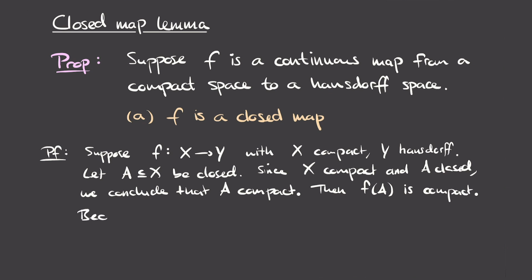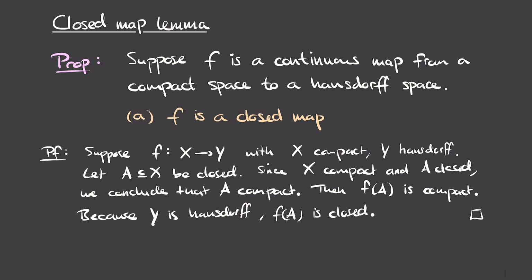Hence, because Y is Hausdorff, we can conclude from the fact that f of A is compact that it must also be closed. Okay, and with this we're done because we've chosen an arbitrary closed subset of X, and we've now shown that its image under F is closed, which means that F is a closed map.